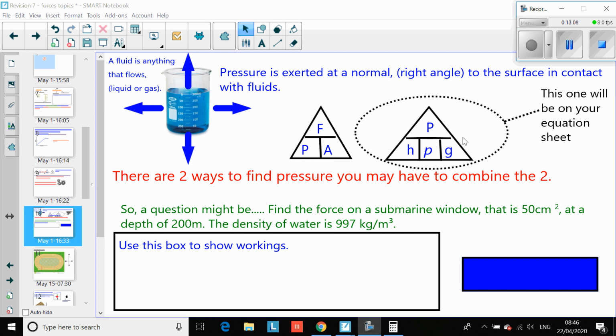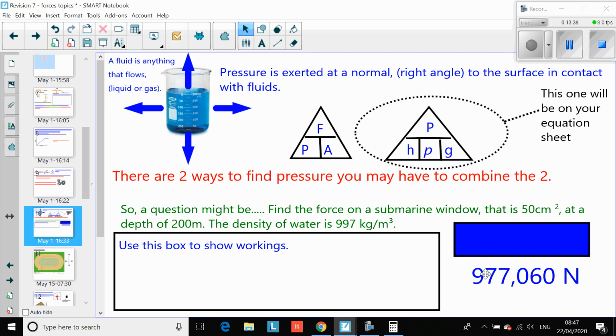The pressure we have to work out in this equation and then bump P over here. So let's see, do we have a height? Well, yes. We have a depth. Do we have a density of the water? Yes, we do, 997. Do we know gravity? Yes, we do, it's 9.8. So you can combine those, calculate the pressure, and then simply put pressure in over there, and then multiply it by the area of the window to give you your force.